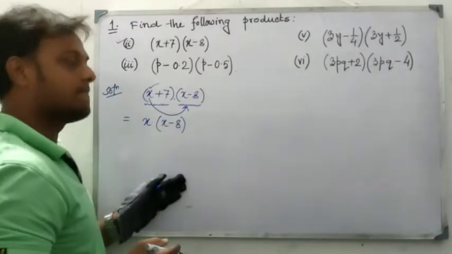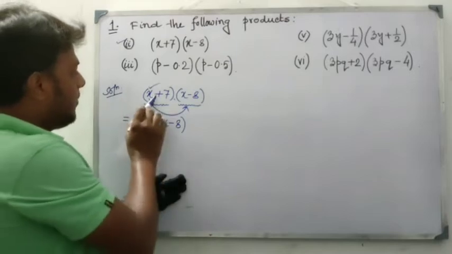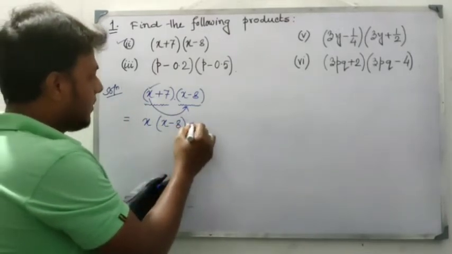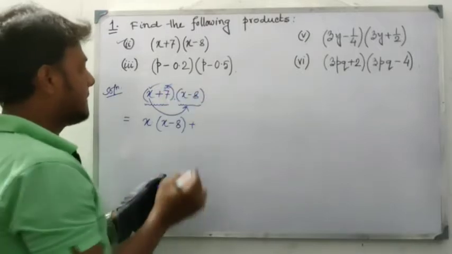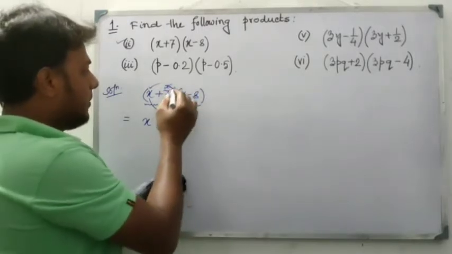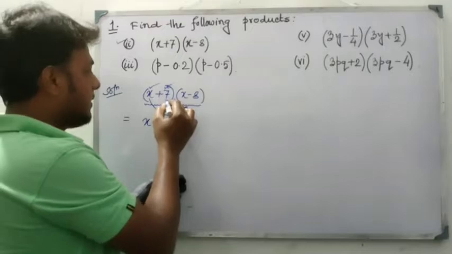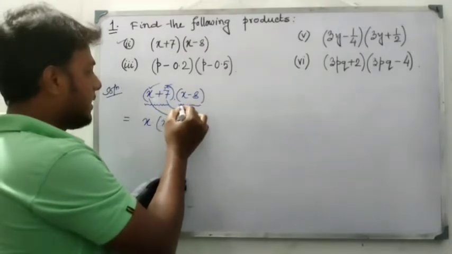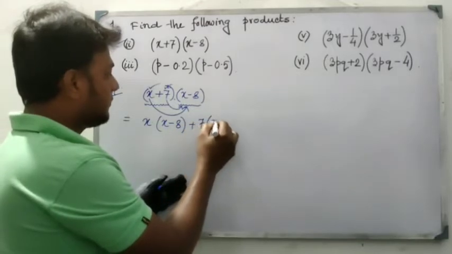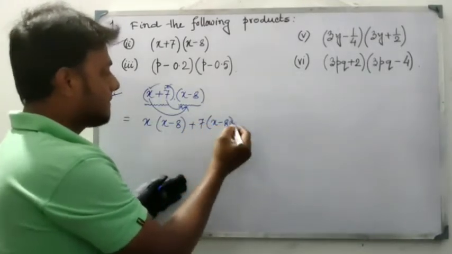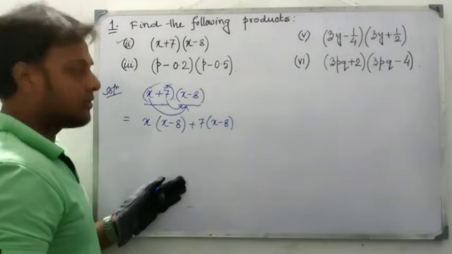Understood? After that, plus sign is there, so put here plus. Next, consider this 7 and multiply with the second factor. Then it will be 7 into x minus 8. Understood or not?